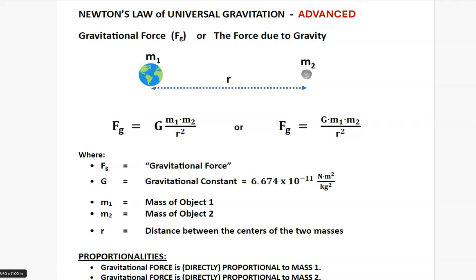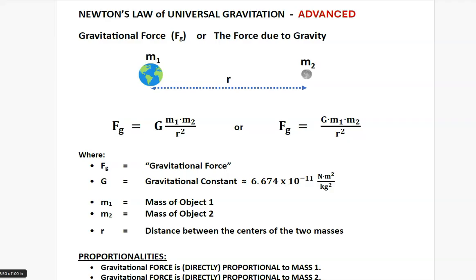Believe it or not, this formula for gravitational force, or the force due to gravity that was worked out by Isaac Newton, is remarkably similar to the formula for electrostatic force. That's the force between positive and negative charges that was worked out by Coulomb. And we'll see that formula when we get to Unit 4.